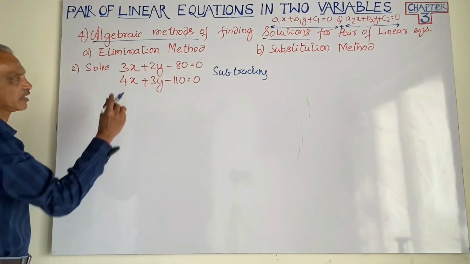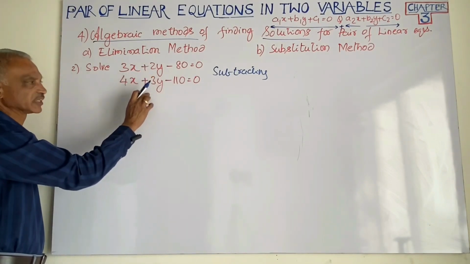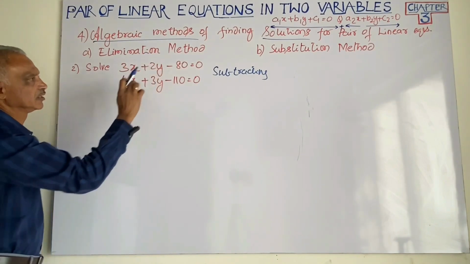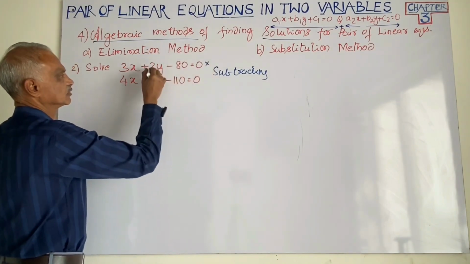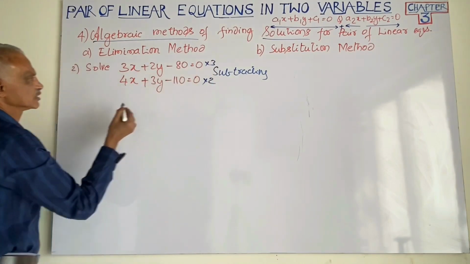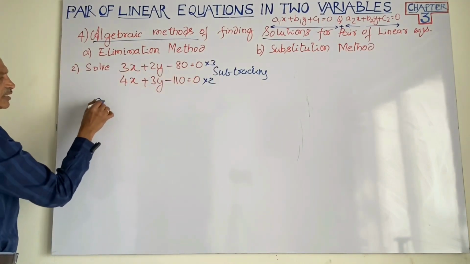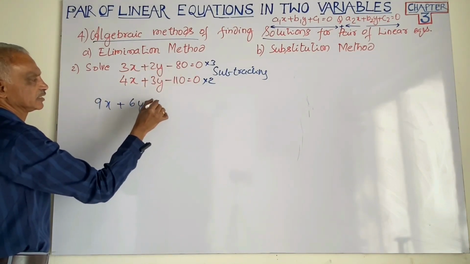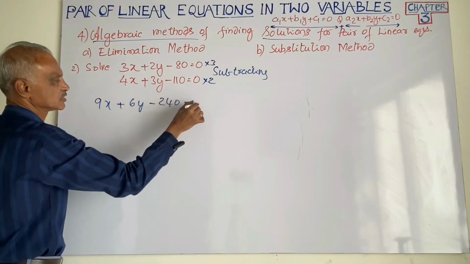Now you see I want to equate these two. See, if you want to equate these y's you have to multiply this with 3 and you have to multiply this with 2. See, 3 3s are 9x, 3 2s are 6y minus 240 is equal to 0.